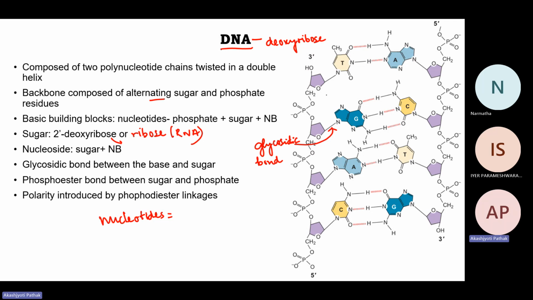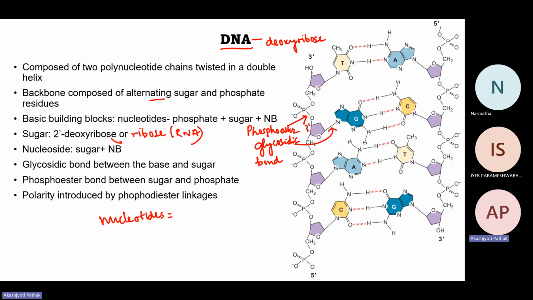And the bond between the sugar and the phosphate molecule is called the phosphoester bond. If you look at this structure, this is the phosphoester bond that is formed between the 3' OH group and the phosphate group, where one molecule of water is released and forms a bond known as the phosphoester bond.